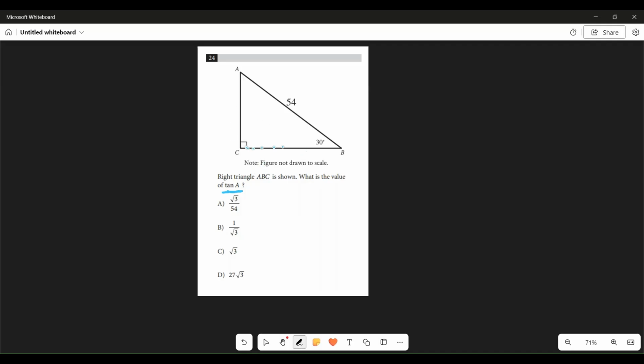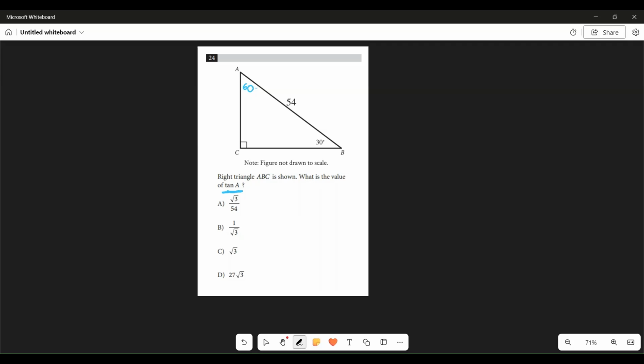If this is 30 degrees and this is 90 degrees, that means we are at 120 degrees total. And the total amount of degrees you can have in a triangle is 180 degrees. So if these two are 30 and 90, this one has to be 60 degrees, right?